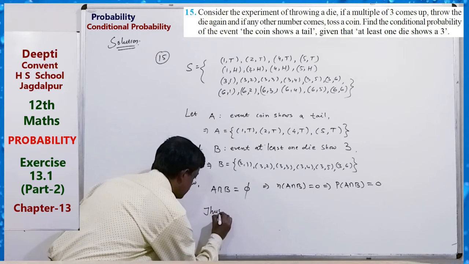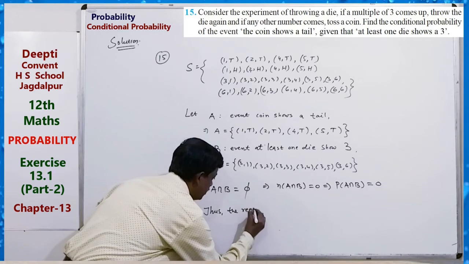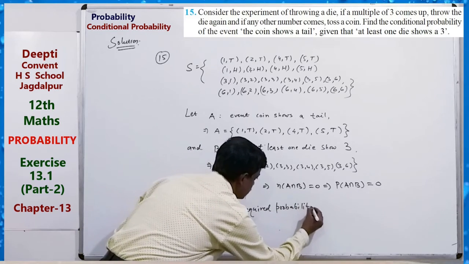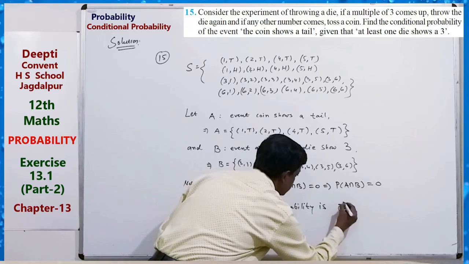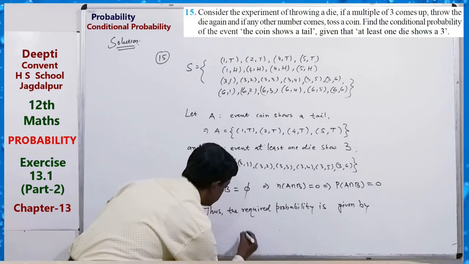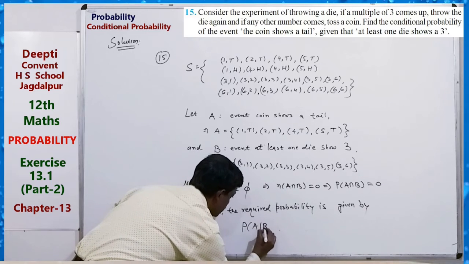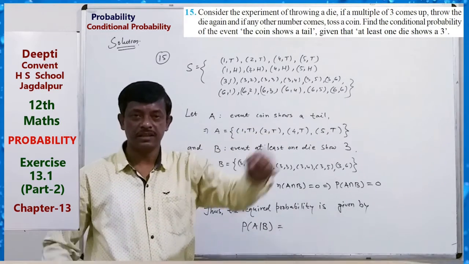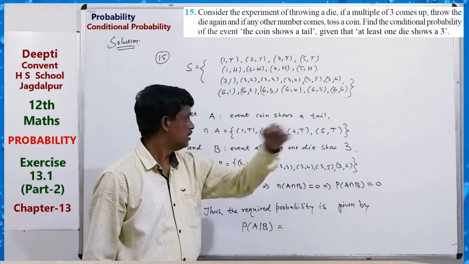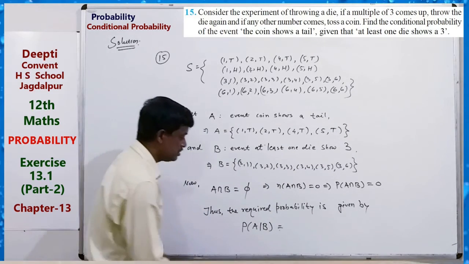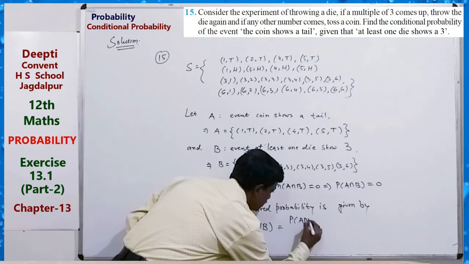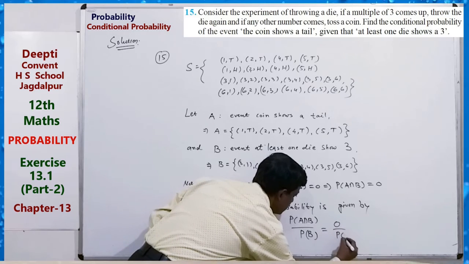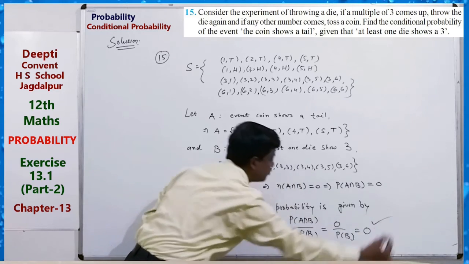Thus, the required probability is given by P(A|B), the conditional probability of A, meaning the coin shows a tail, given that B, the event at least one die shows 3, is equal to P(A intersection B) upon P(B), which is 0 by P(B), equal to 0.